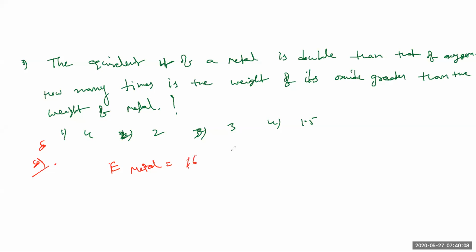So that is equal to X by N. Here X is the atomic mass of metal, and N is the valency of the metal.